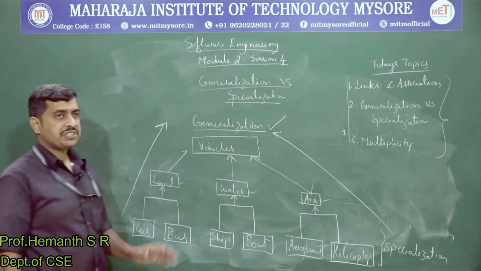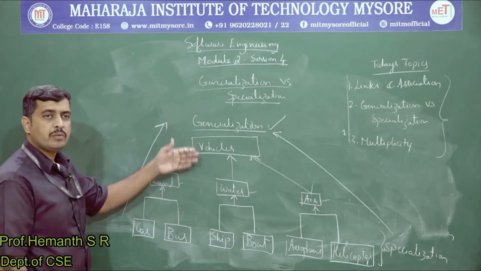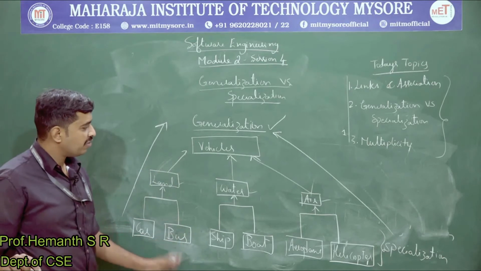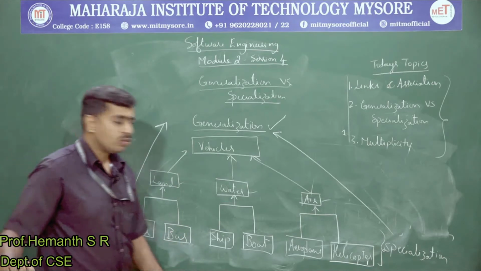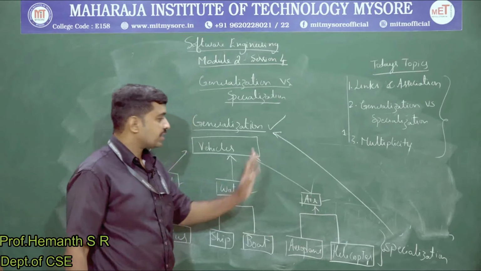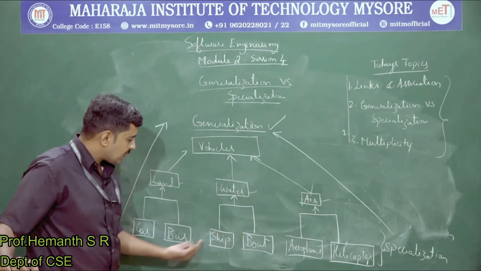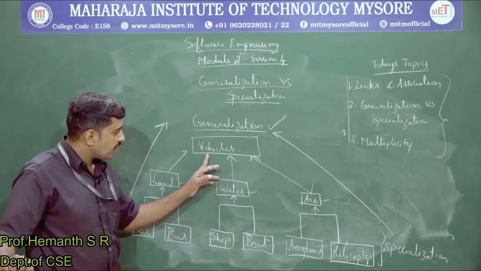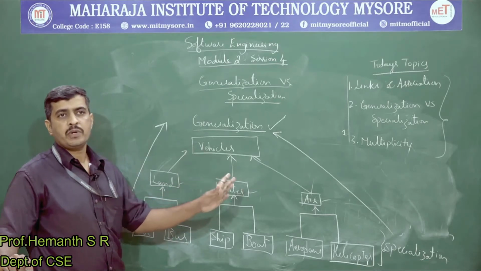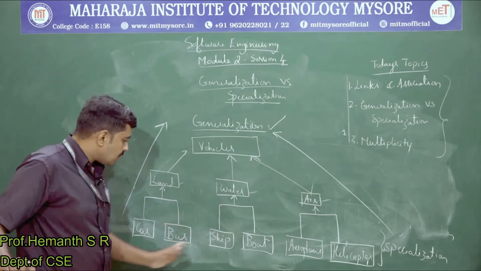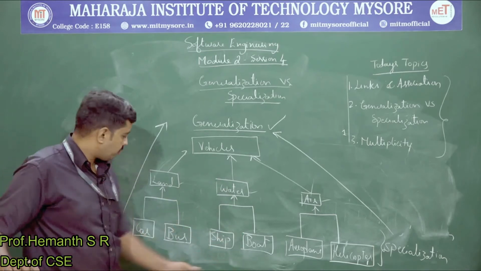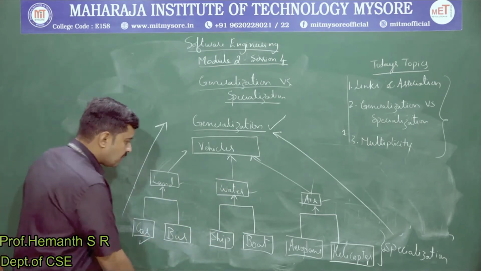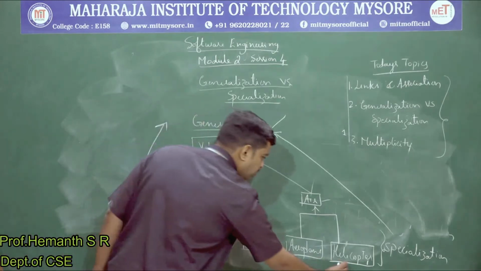Now did we come out with a general class from a subclass? Yes, definitely we have done it. We have moved from specialization to generalization. From the subclasses we have come out with a superclass which has characteristics and properties similar to all the subclasses. For example, consider a car, a ship, a helicopter.